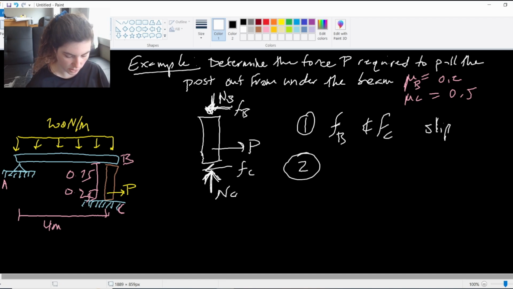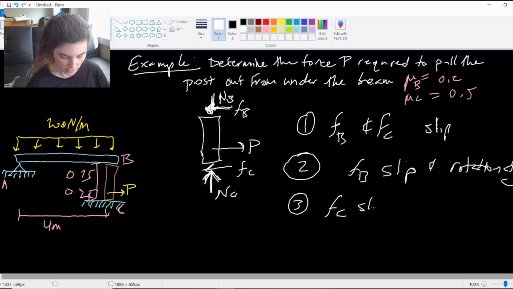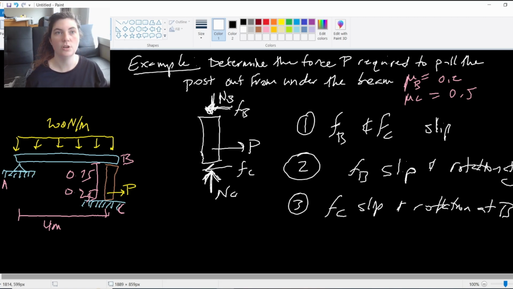And we're going to check for each of these conditions. So B frictional force is slipping, meaning that the actual frictional force at B is exceeding the theoretical maximum, and then there is rotation at C. Or it could be the opposite, that at FC is where we're experiencing the slip, and then there is a rotation occurring at B. So basically one end tipping while one end is slipping, or both ends are slipping.